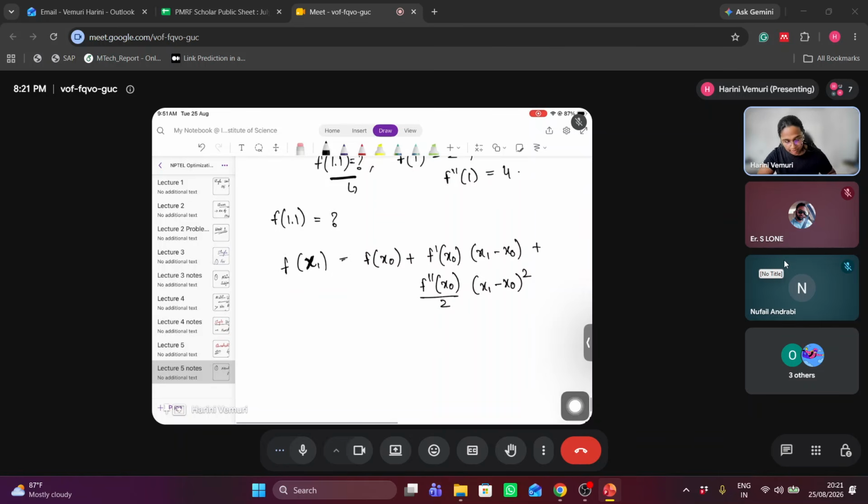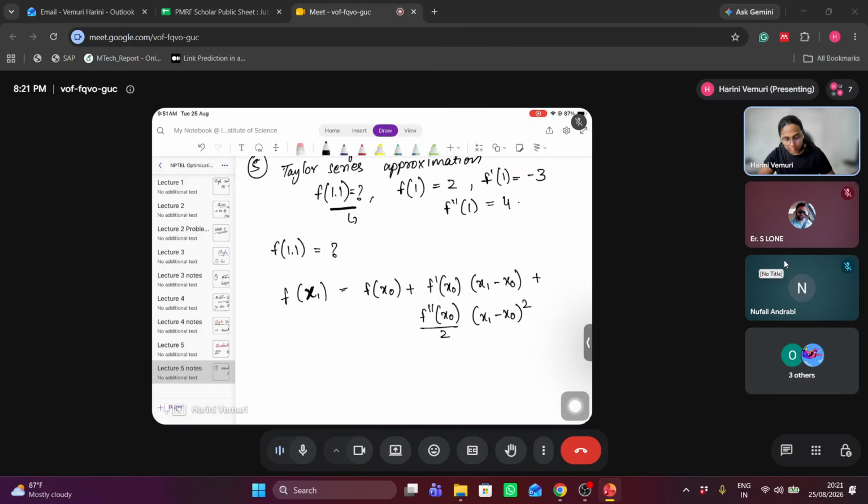In this, they have given, at x equal to 1, the f value, f dash value and f double dash value. So x naught equal to 1 and f of 1.1 we have to find. So here x1 will be 1.1.